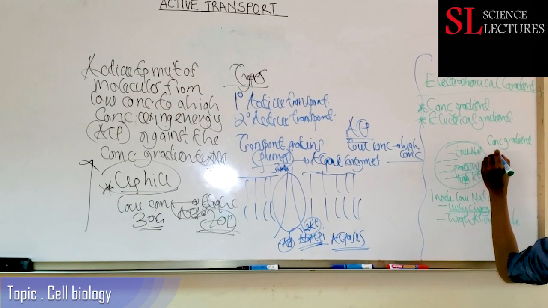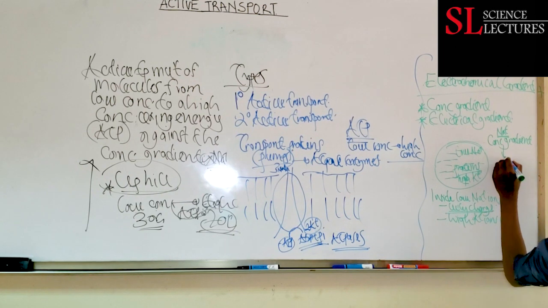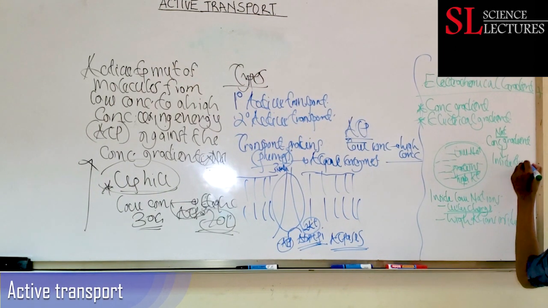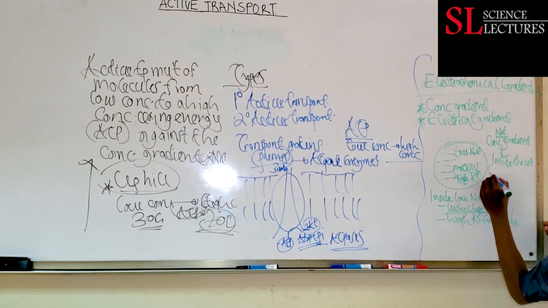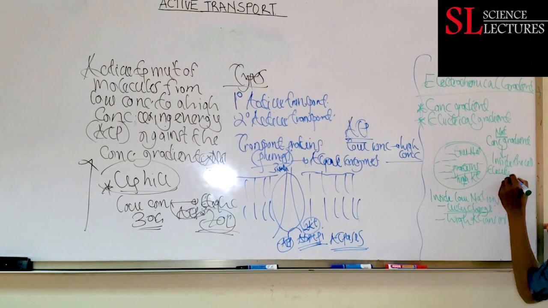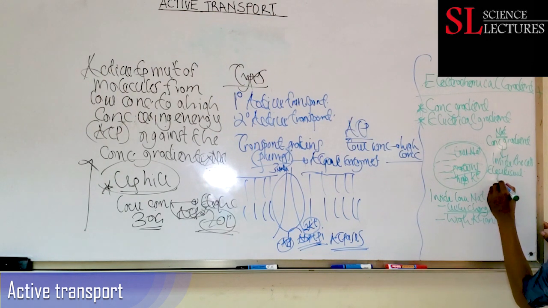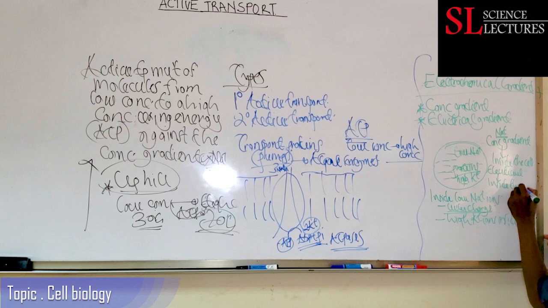So our concentration gradient for the sodium ions moves them inside the cell. What will happen with the electrical gradient? So the electrical gradient of these sodium ions will also pull them inside the cell.